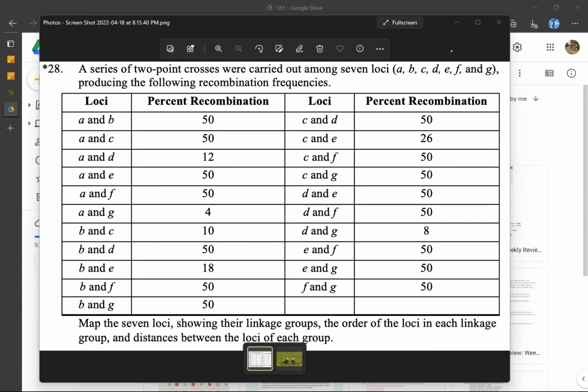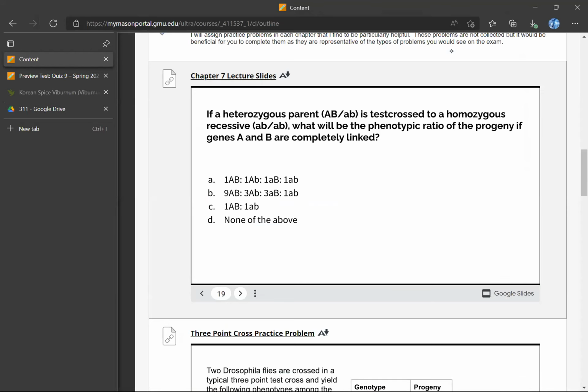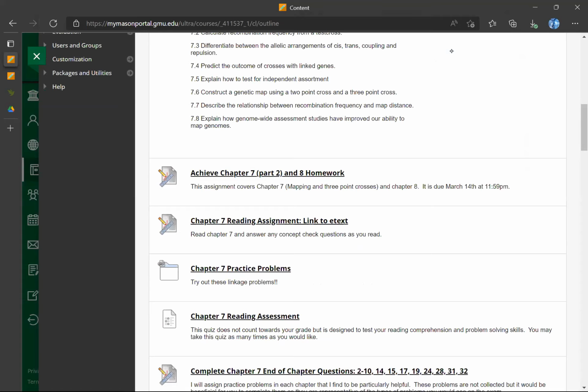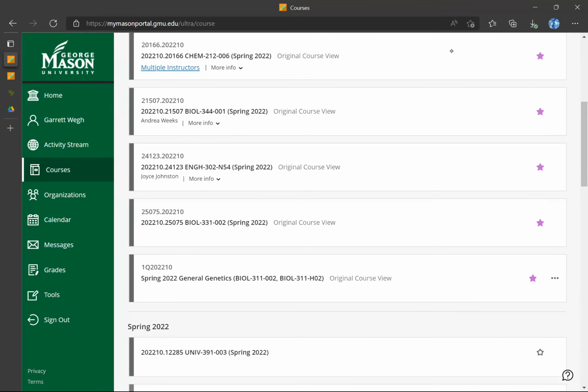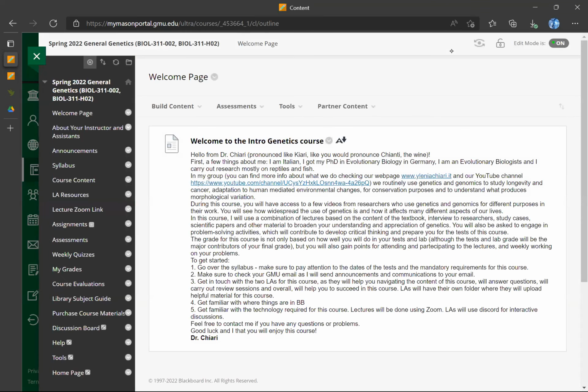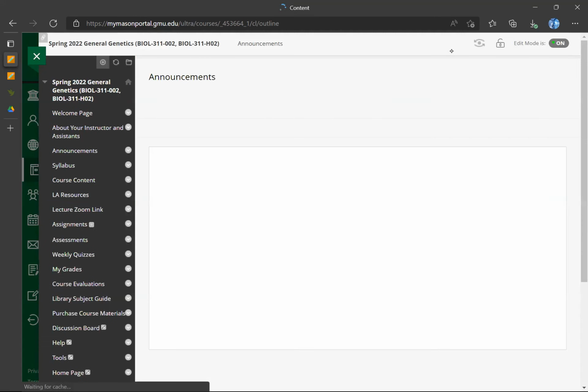So what are the major aspects we should focus on? Chapter 11. What is chapter 11? Let's find out. This is the right class. I wrote it in the announcements and I color coded it.